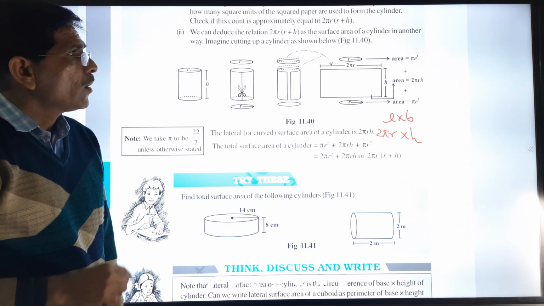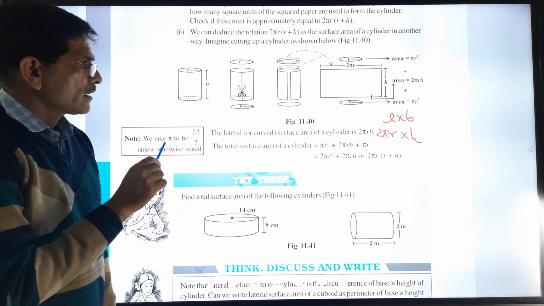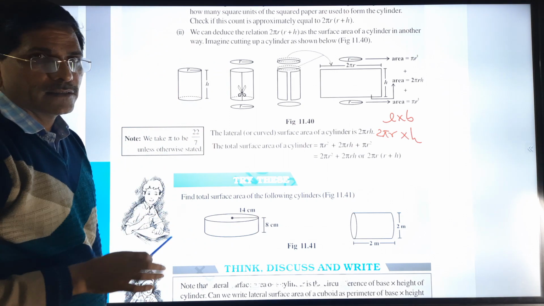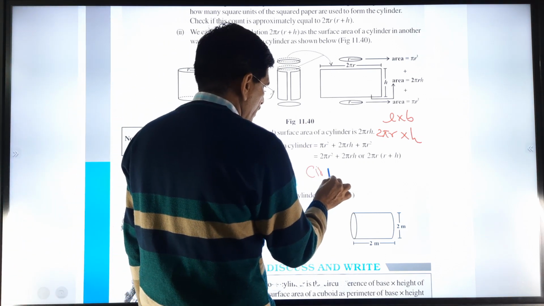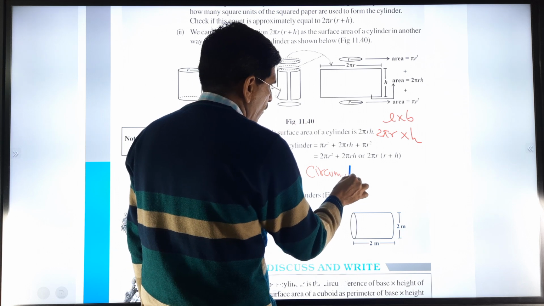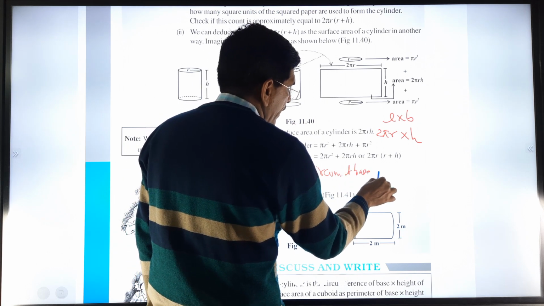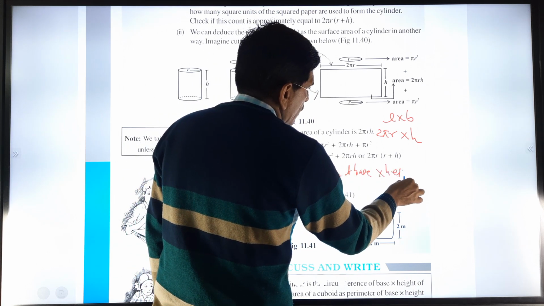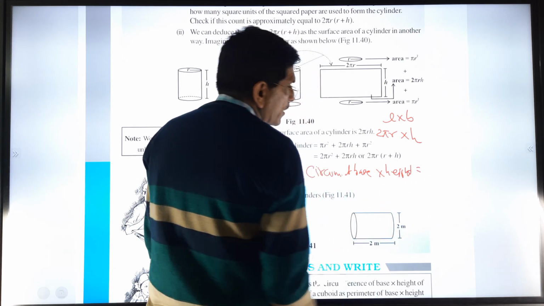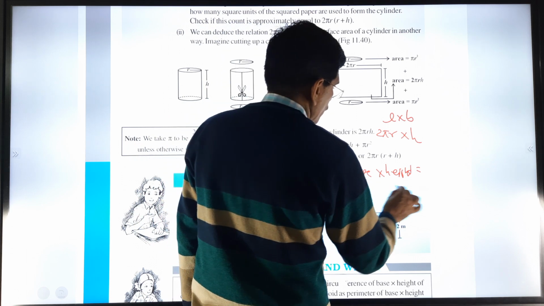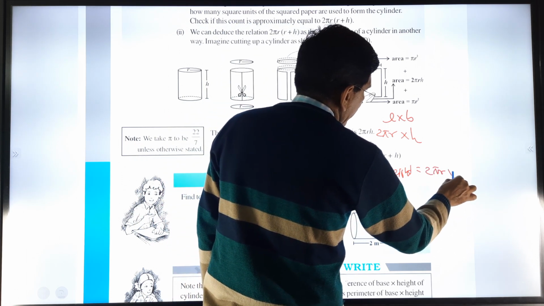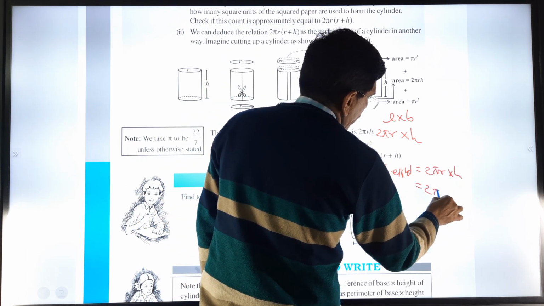So circumference of base into height gives us the lateral surface area of cylinder. That is 2 pi r into h, that is 2 pi r h.